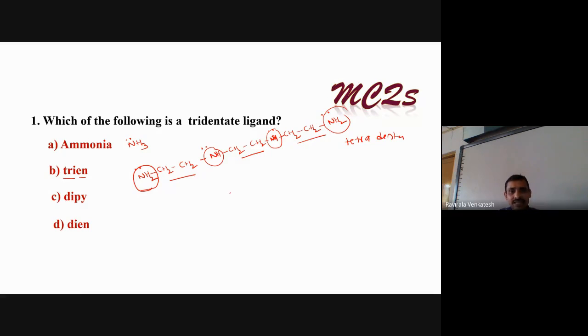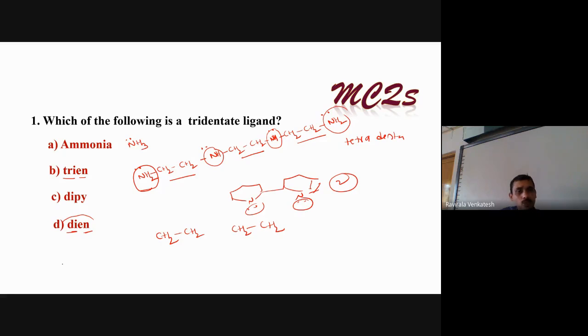Dipyridine. Just now we've taken the dipyridine. It will have 2 pyridine groups like this. One lone pair here, one lone pair here. Only 2 lone pairs are there, so denticity is equal to 2 here. Next, dien. How to make dien? Dien means 2 times. Which one do you have to take? Ethylene group 2 times: CH2 like this, and again CH2. Diethylene means 2 ethylene groups.